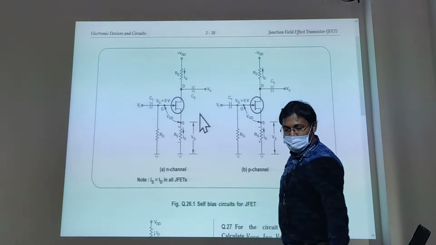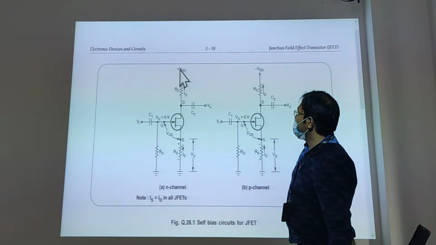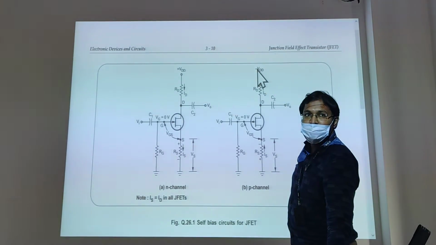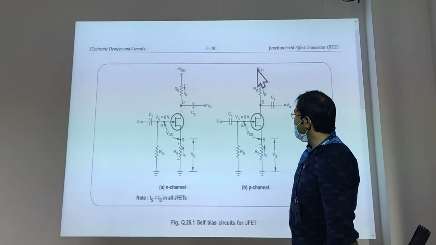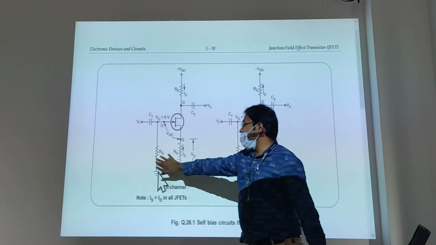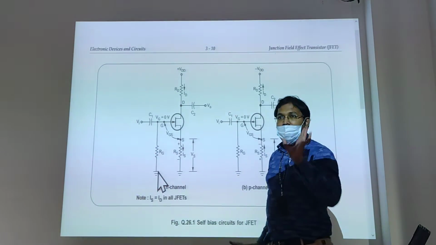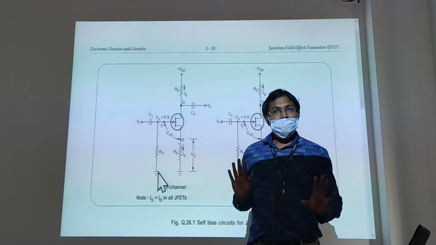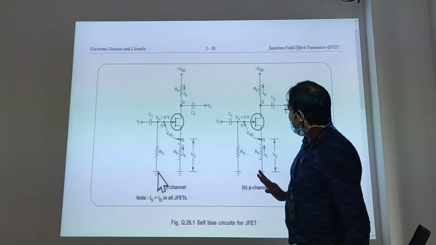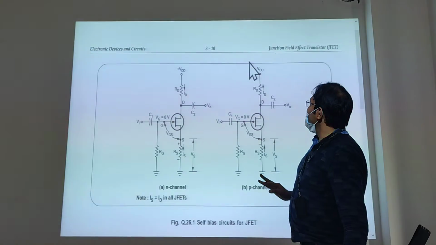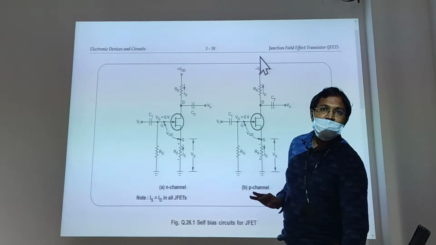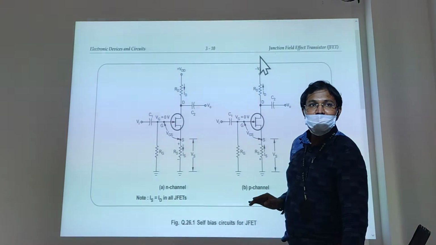Next, here VDD is positive, there VDD is negative. We are not using any gate voltage for self bias, so no change there. Next, because of minus VDD, current will be in the reverse direction. Clear?